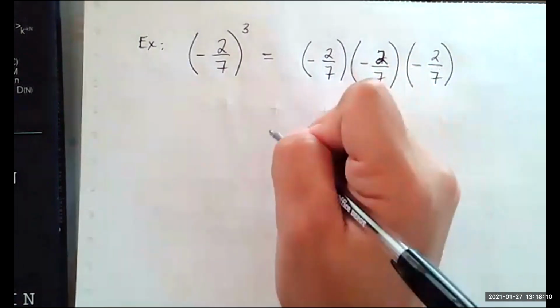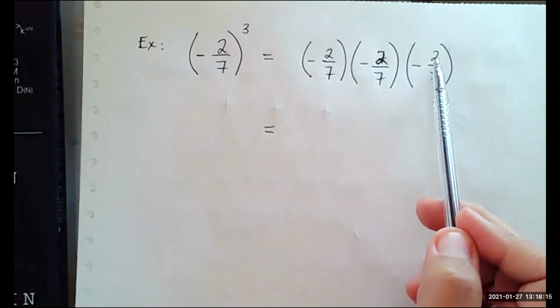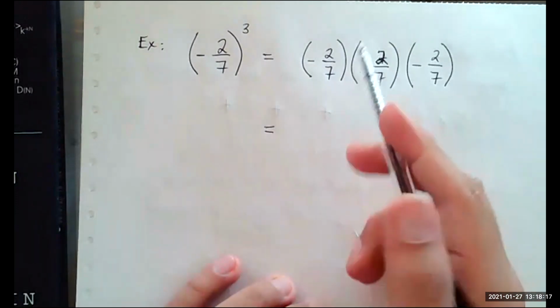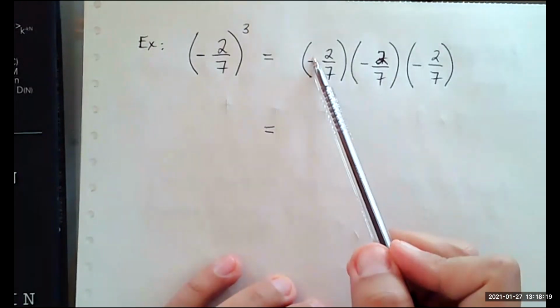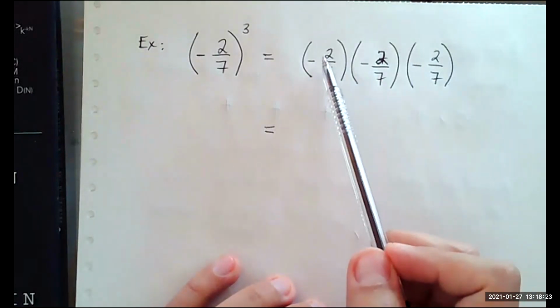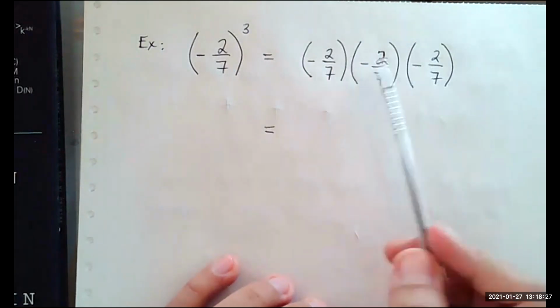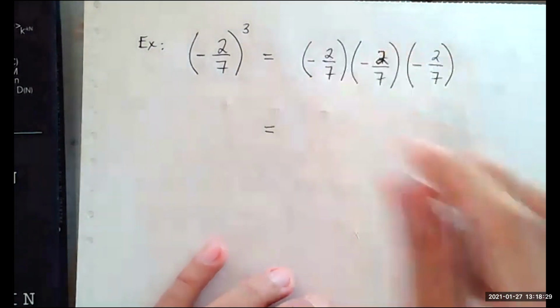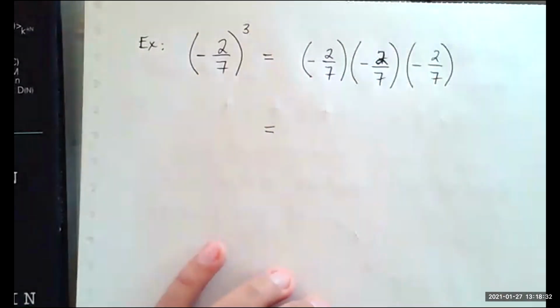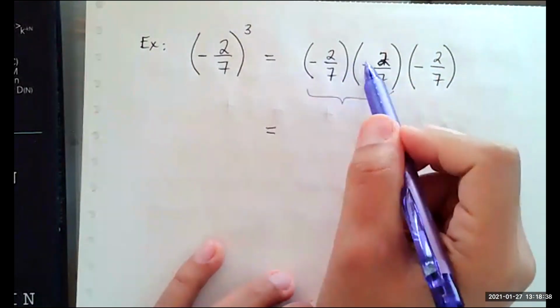And then we can multiply this out. 2 times 2 times 2 is going to be 8. But really this is negative times a negative times a negative. So negative 2 times negative 2 is going to be positive 4. So let's go ahead and do this one at a time, right? These two can combine to make negative times negative is positive.